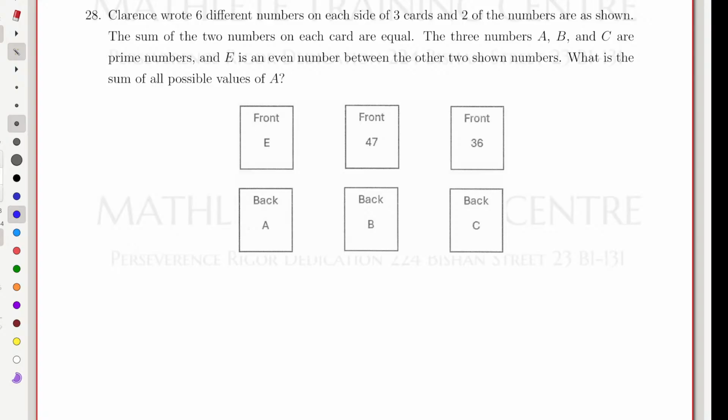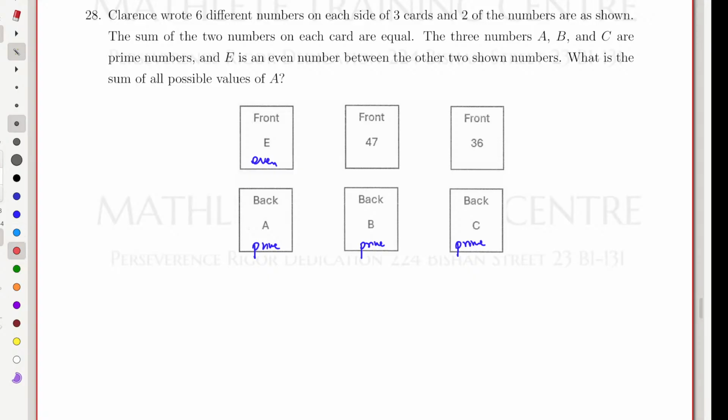So what we can see here in this case is that we have a sum equal to a sum equal to another sum. And A, B, C each are going to be primes, and E is even. Okay. Now, let me see.